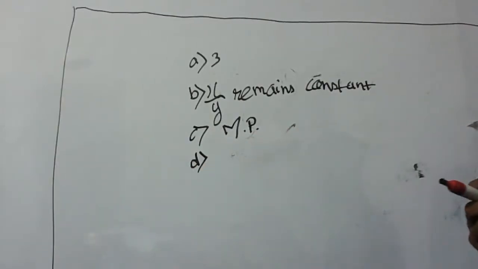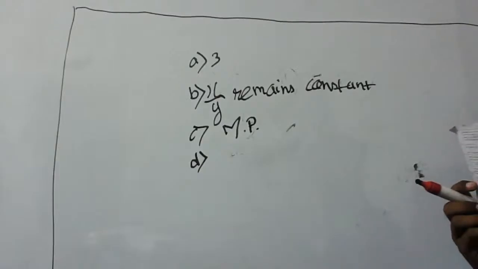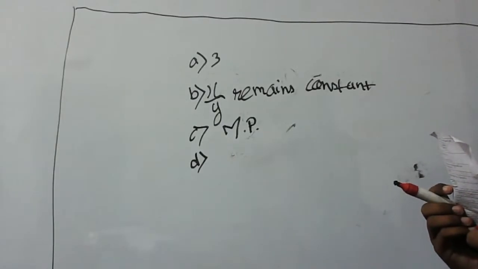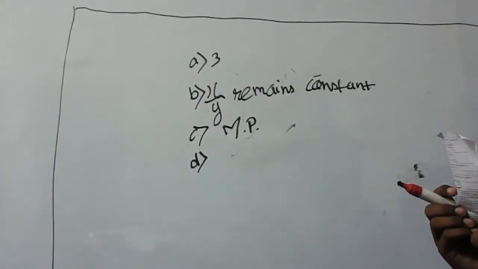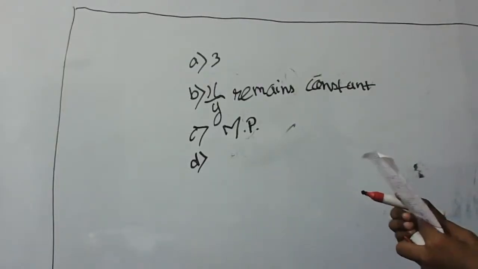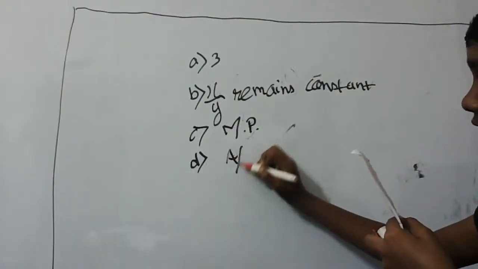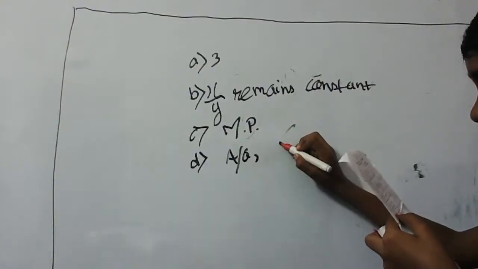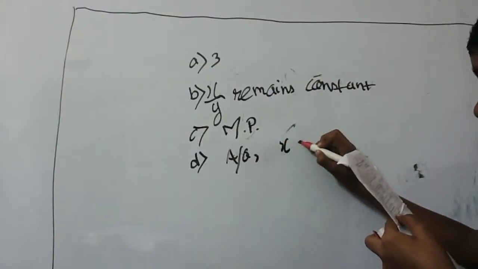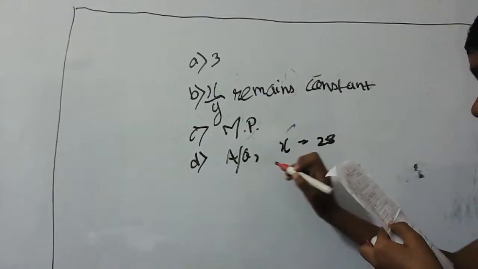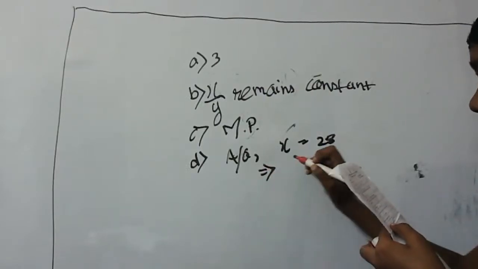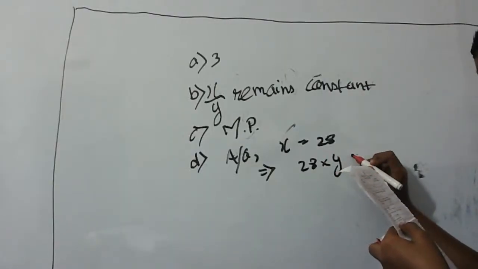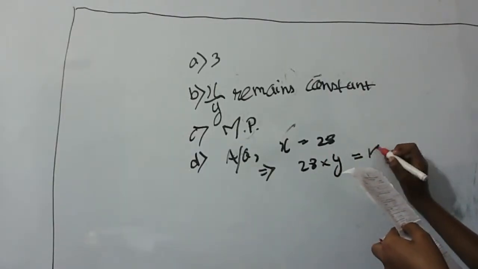If x and y vary directly with each other and x equal to 28, what is y when constant of variation is 7? According to question, x equal to 28. This implies 28 into y equals to k.